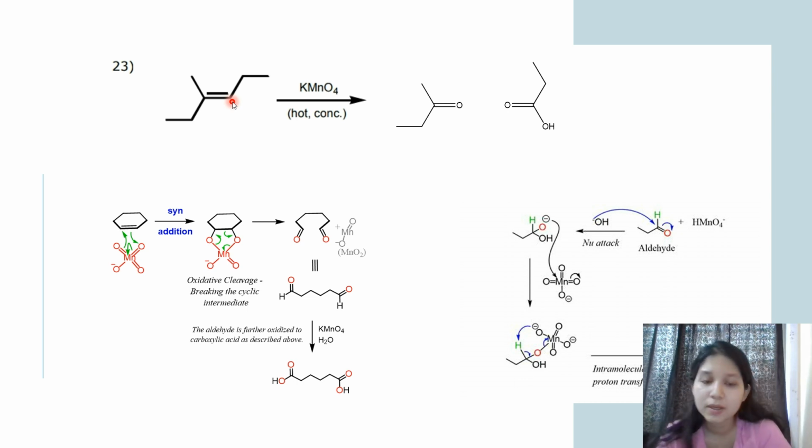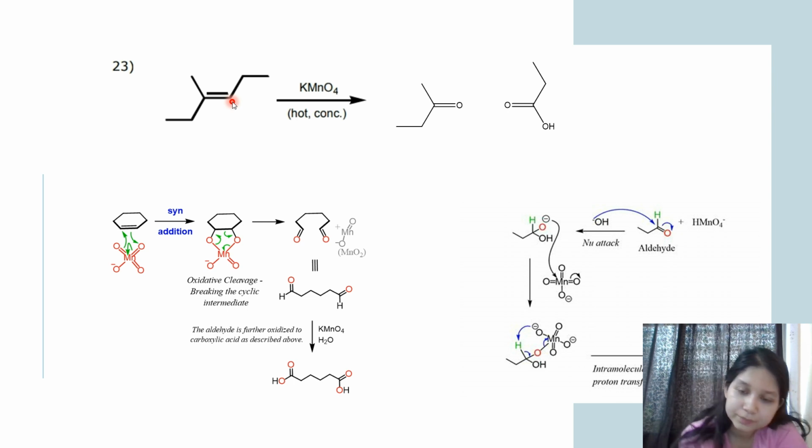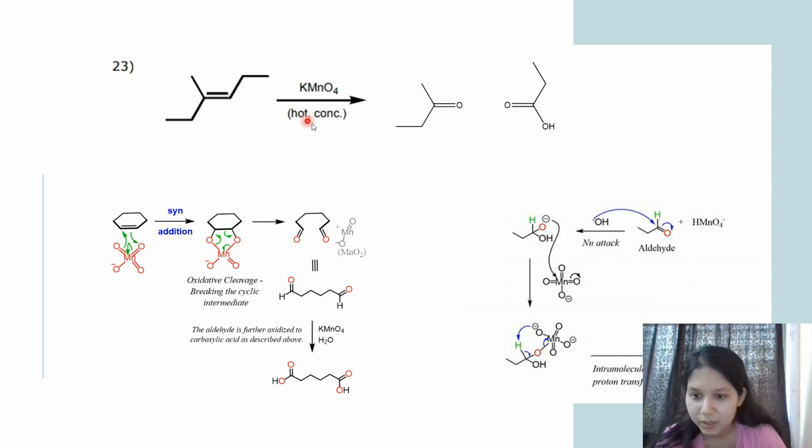Although it cannot convert the ketone into an acid, the aldehyde formed in the first step will be further oxidized into the corresponding acid. So how it is happening, let us see.